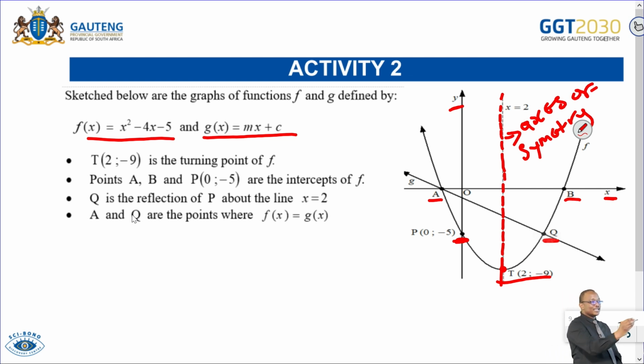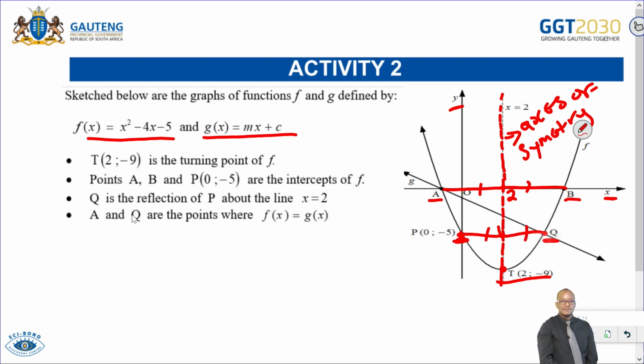It means the distance from 2 to A and from 2 to B are equal. And the distance from 2, the value of x, to the x value at P, and from 2 to the x value at Q, those distances are equal. So that's how the axis of symmetry helps us to determine those types of points on the graph. Okay?